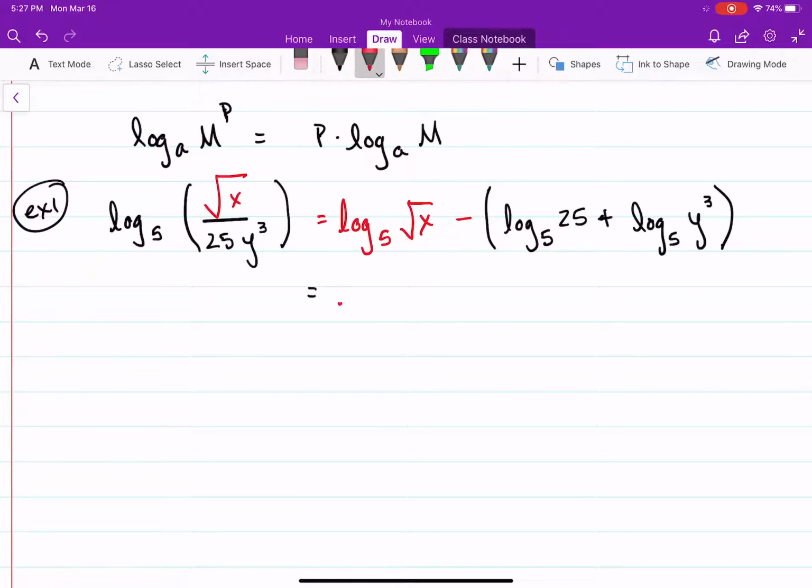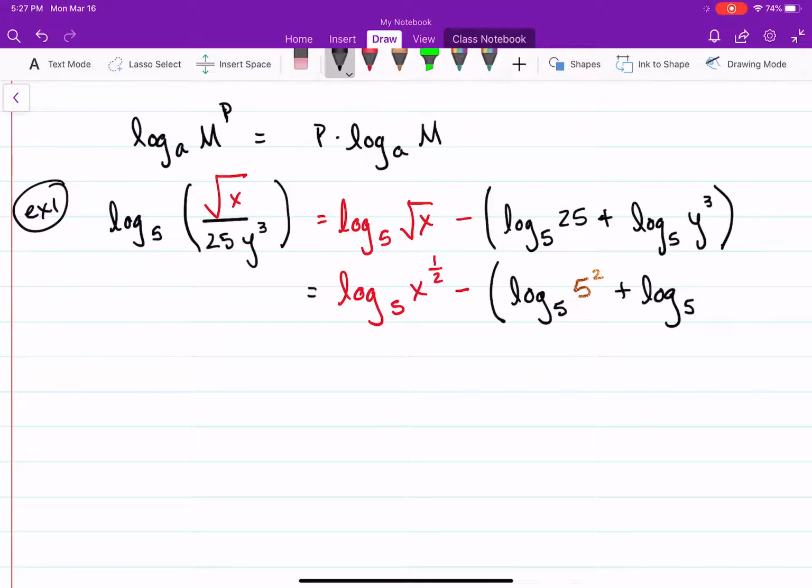So this is going to be log base 5 of x to the 1/2, because I can write radicals as rational exponents, minus log base 5 of, and because 25 can be written as an exponent, I change it to 5 squared, plus log base 5 of y cubed.